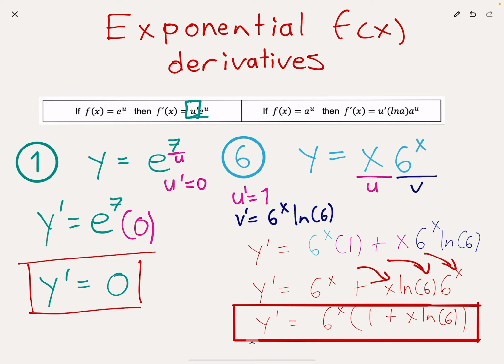This is the order we're going to follow every single time. And if in the final answer we have common factors, we should factor out those common factors. In this case, the common factor is 6 to the power x, and it's the common factor that I'm writing outside. It's the only factor these two monomials have in common. So that is the answer.